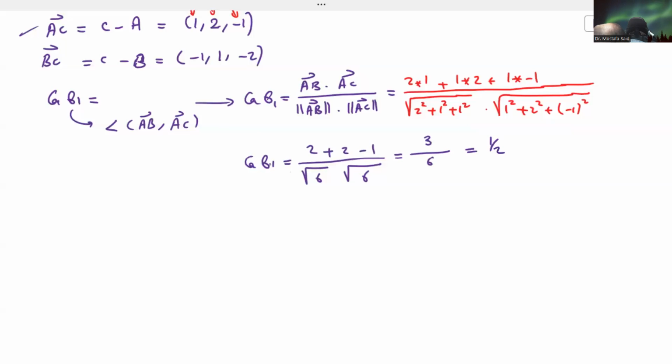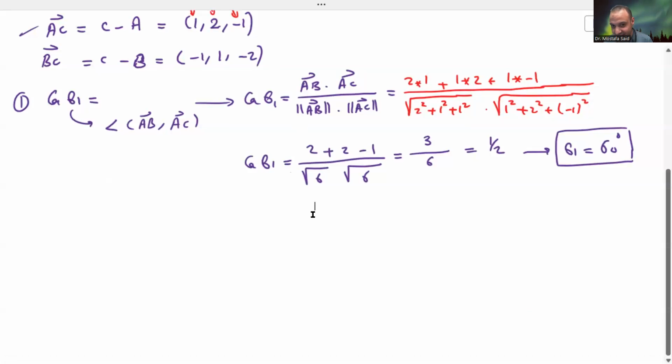So it's a half. So we're gonna search for the angle that has a cosine equal to a half, which is 60. So theta 1 equals 60 degrees or pi over 3. If you want to go by radians, I usually go by degrees. Good, so that's theta 1.